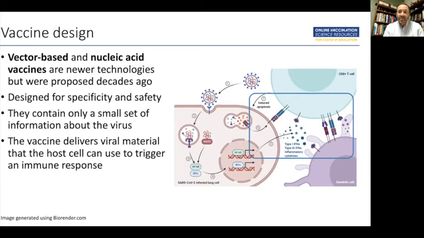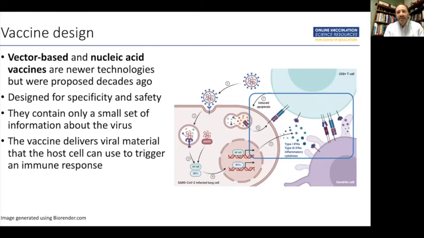So they look to narrow in on getting the strongest possible immune response with the least possible material that is representing the virus. So they contain only a small set of information about this virus. And in the case of the SARS-CoV-2 vaccines, it is just a single protein, or a portion of a single protein whose information is incorporated into the vaccine.